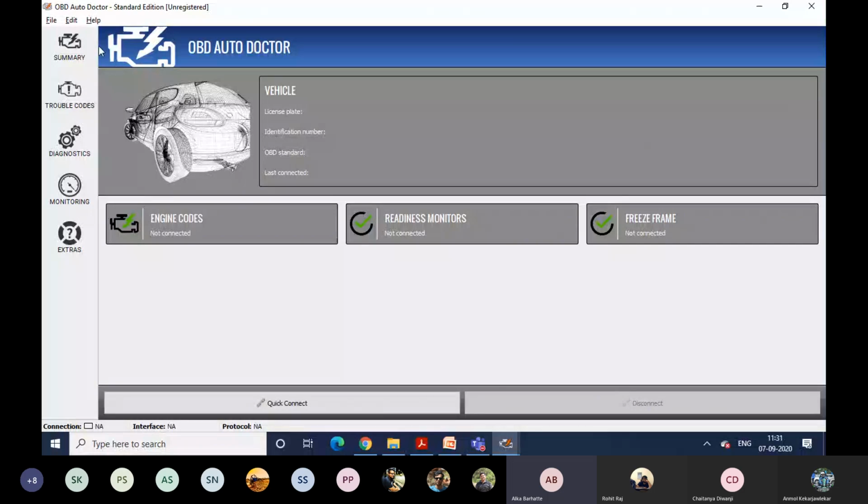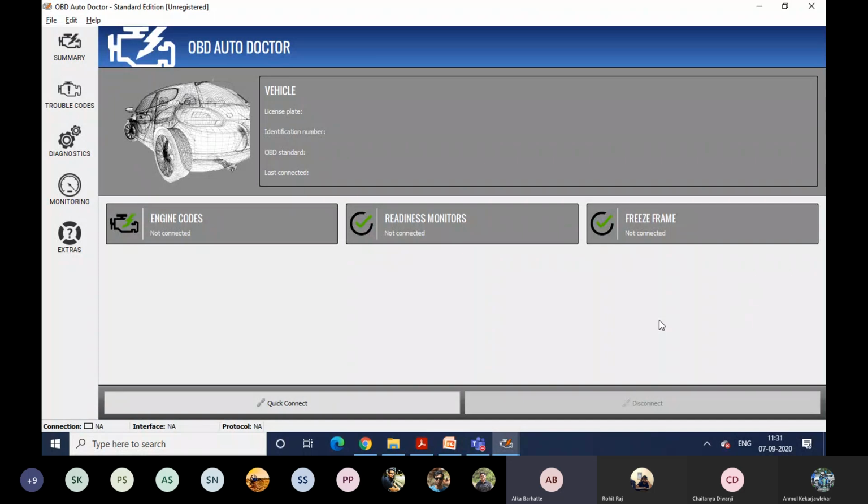Here you will get the summary, the engine code, and whatever the dashboard readings are, all those readings are available. Apart from that, you may get the freeze frames.